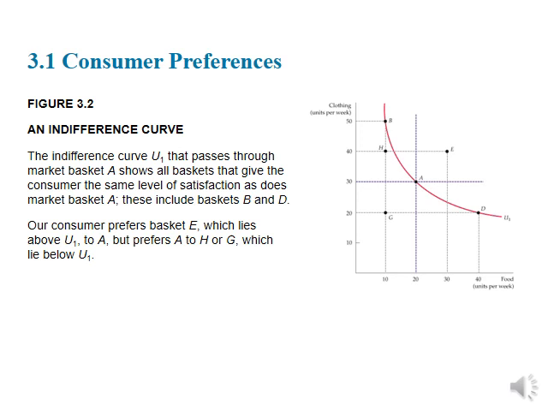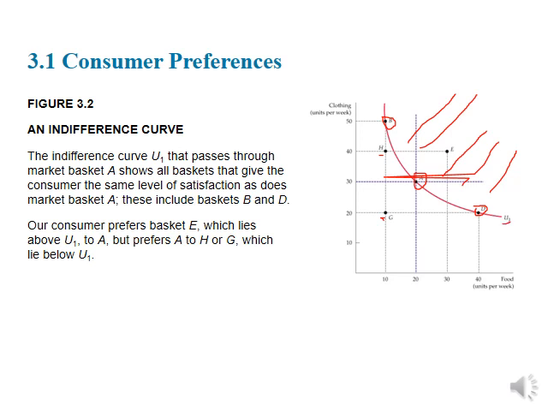Remember, an indifference curve represents all possible market baskets with the same level of satisfaction. What that means is that on this indifference curve, you are indifferent between market basket A, market basket D, and market basket B. But you prefer any of these baskets to market basket H or G. Everything above the indifference curve is preferred to this level of preference.